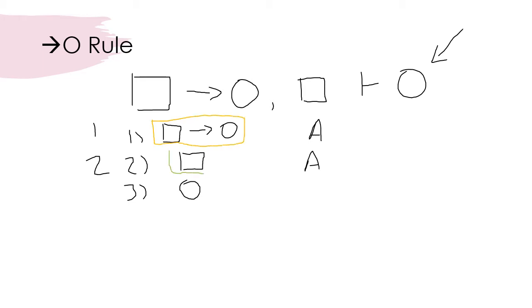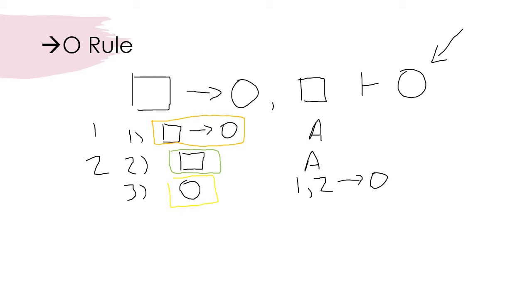We've got just square by itself here. We can derive circle by itself. And how we justify this is by 1 and 2, because those are the 2 pieces that we need. And what's the rule that we use? We're using arrow out.